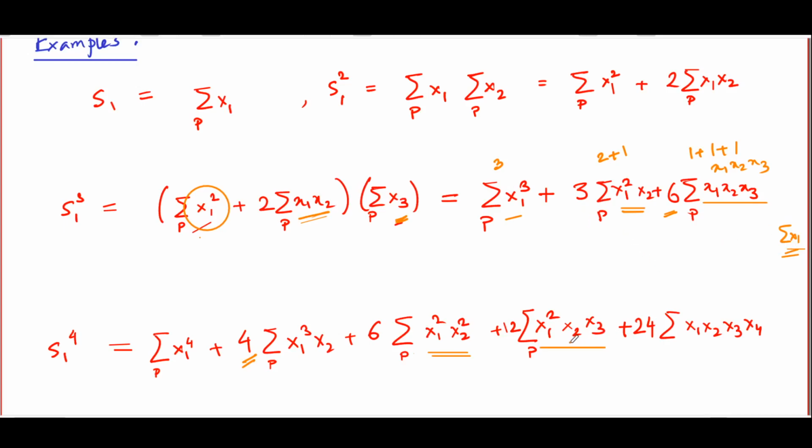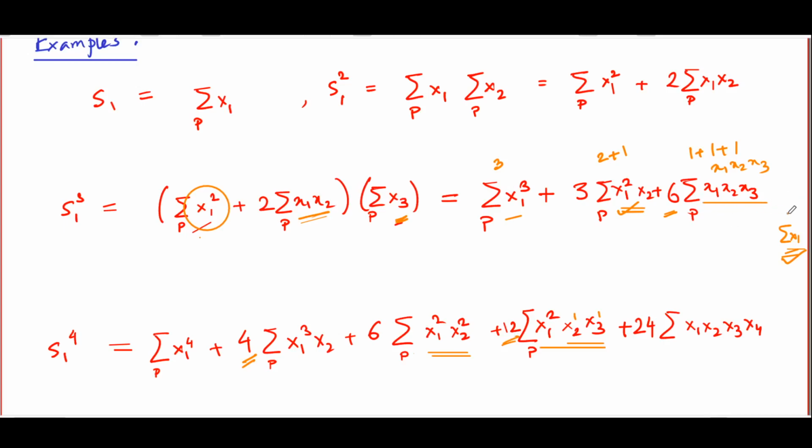But notice that x2, x3 has the same powers here. And that actually indicates that not only can you get this by multiplying x1 square, x2 by x3, you can also get it by multiplying x1 square, x3, which is in this sum, by x2 from here. So this 3 times 1 actually gets doubled to 6. And that adds to the 6 that you already have. So the coefficient in front of x1 square, x2, x3 is 12.